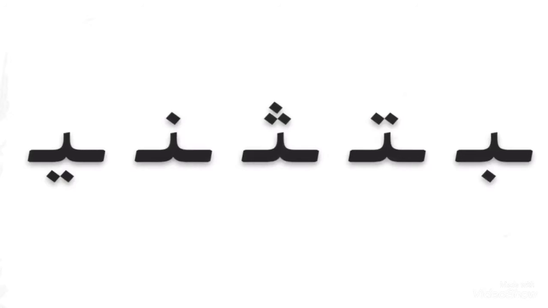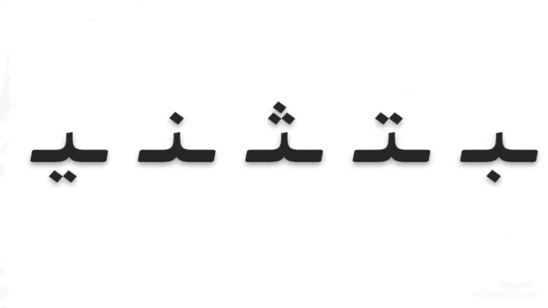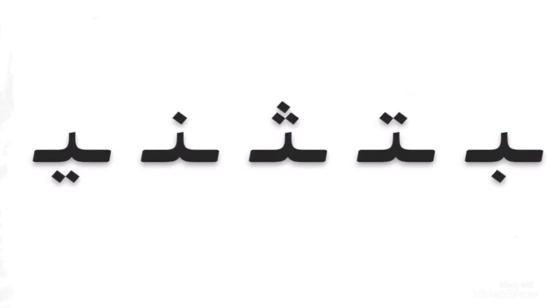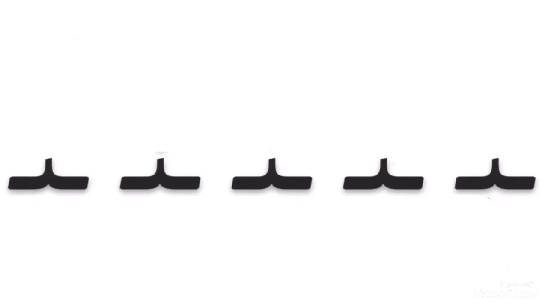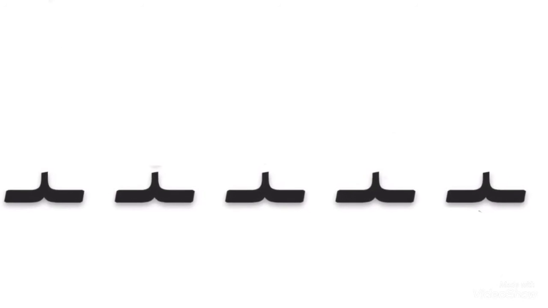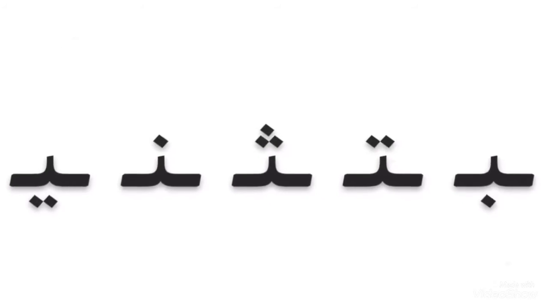In the early written Arabic, they didn't refer to the difference between some letters like ba, ta, tha, noon, and ya. Nowadays we use points to differentiate between each one.